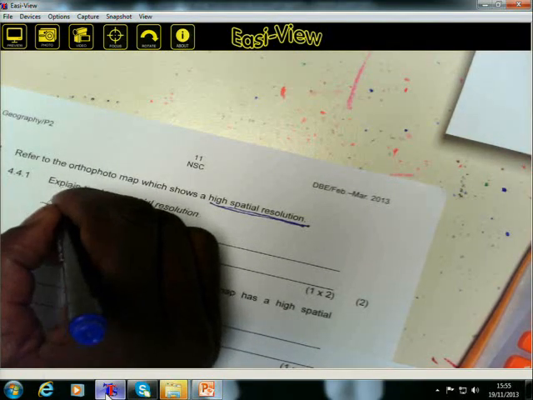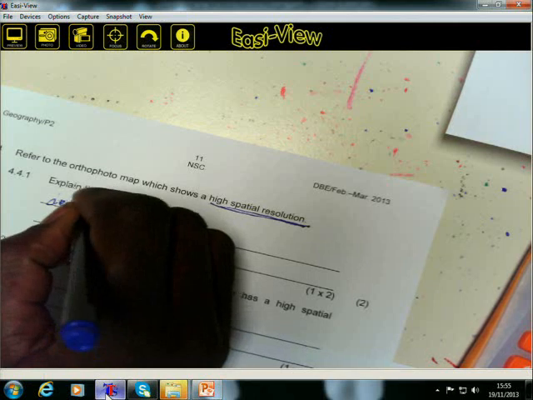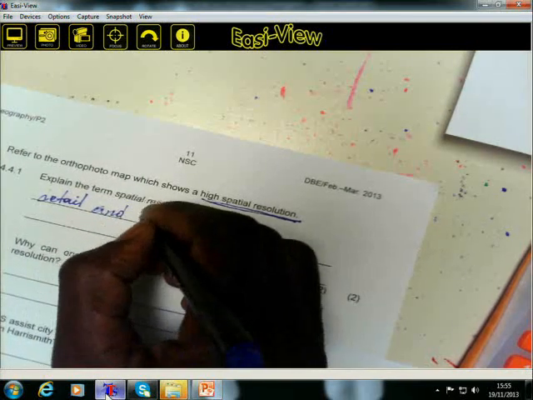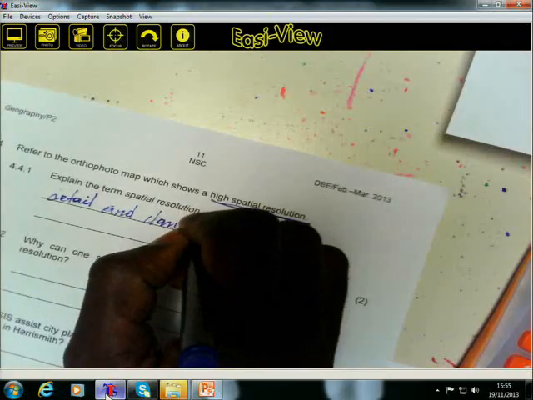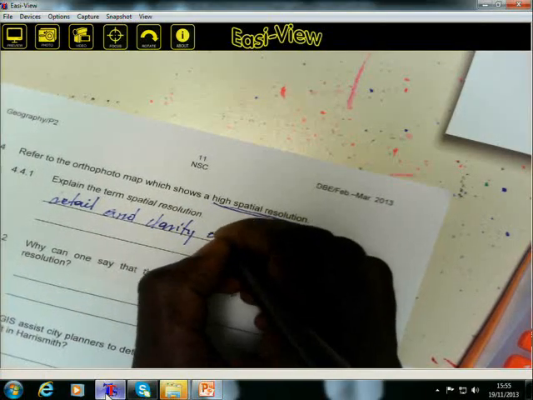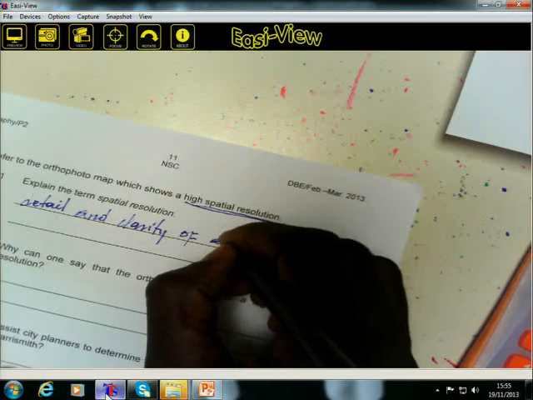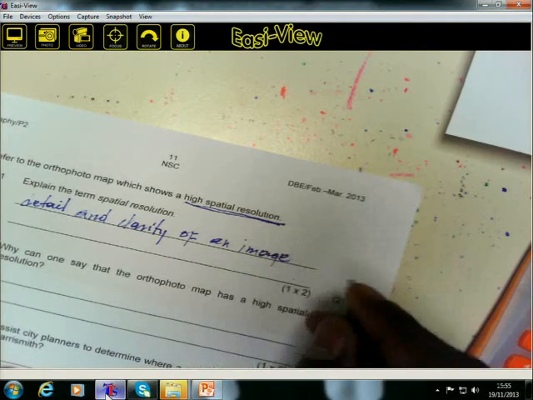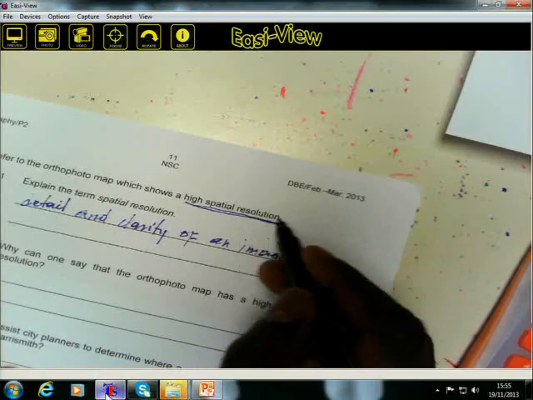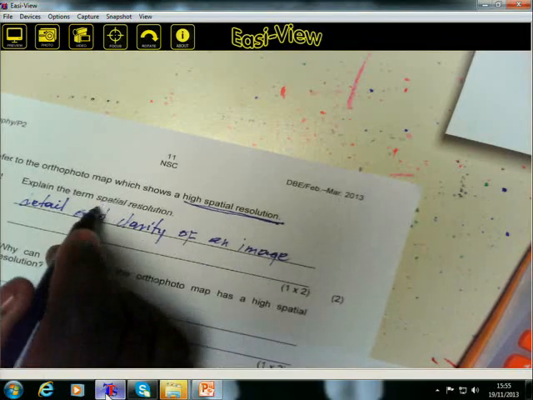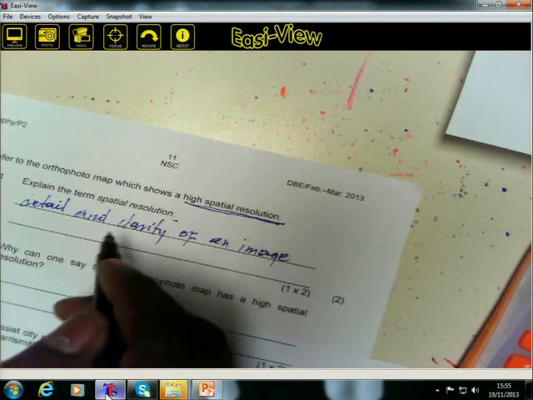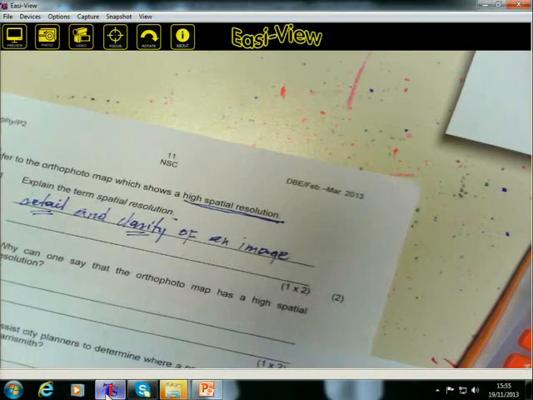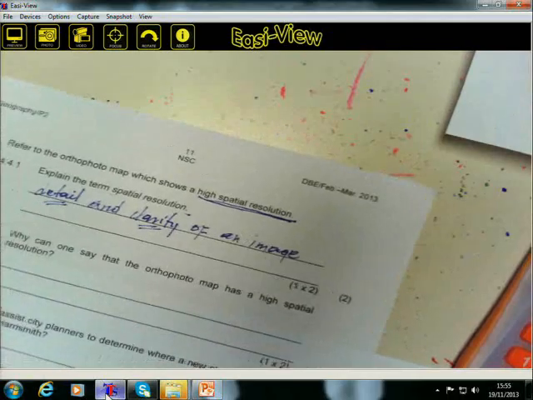This is where you've got a detail and clarity of an image. Remember the concept when I started to show you what you mean by resolution, spatial resolution. So when you define the spatial resolution, that's when we have a detail and clarity of an image.